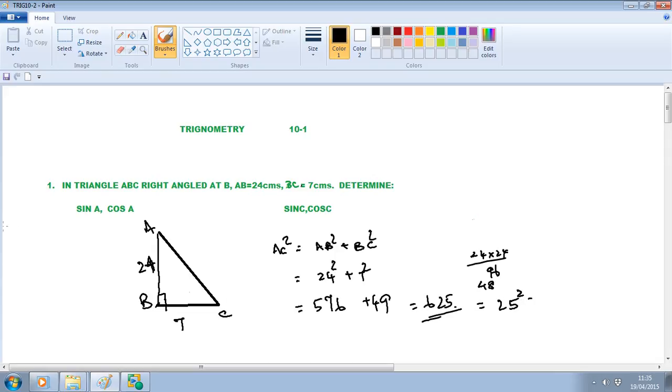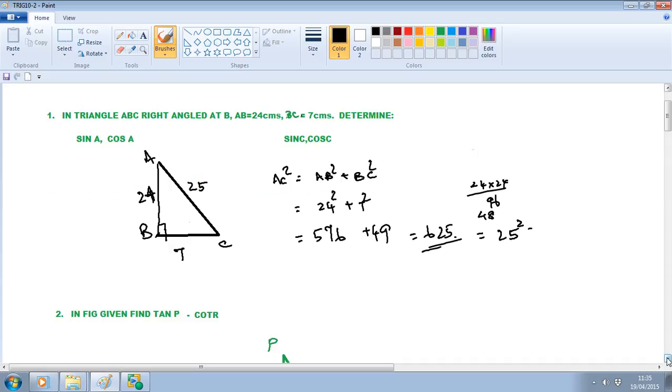So in a right angle triangle with sides 24 and 7, the hypotenuse is 25. We see so many combinations, no? 3 square plus 4 square is equal to 5 square, so 3, 4, 5 in that order.